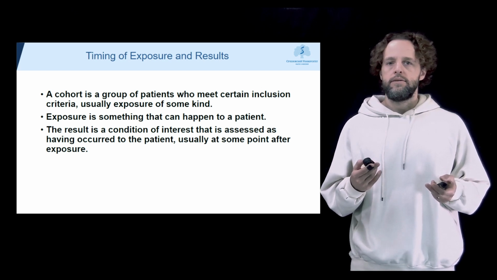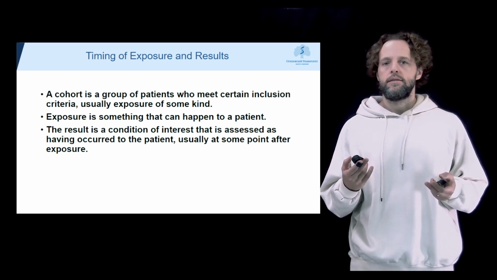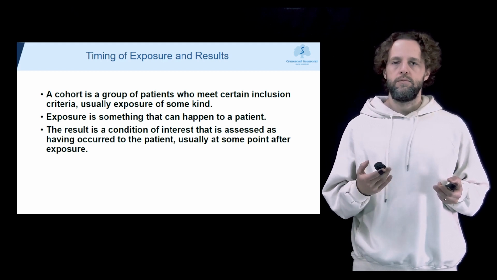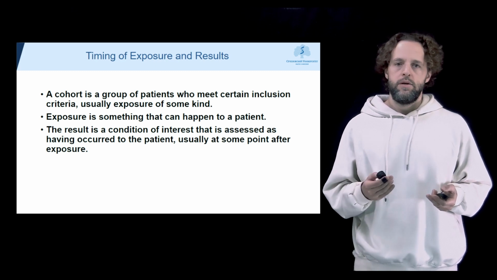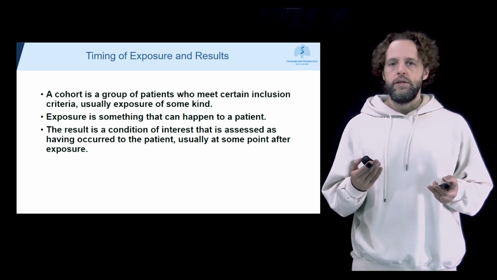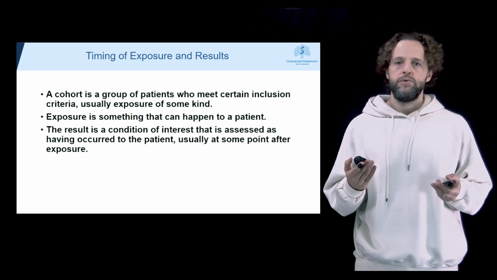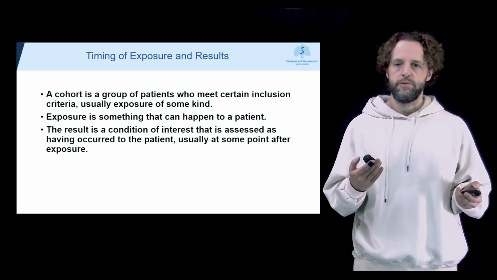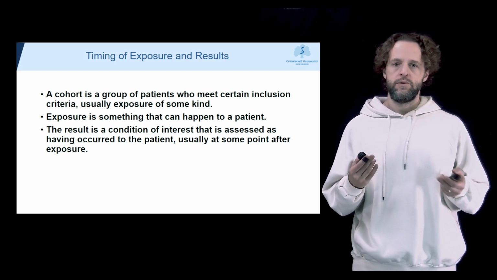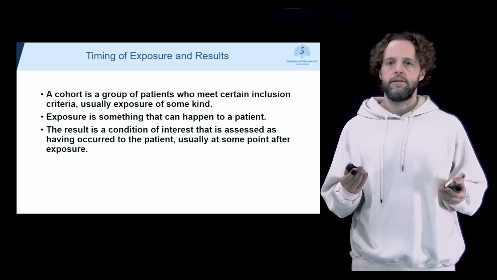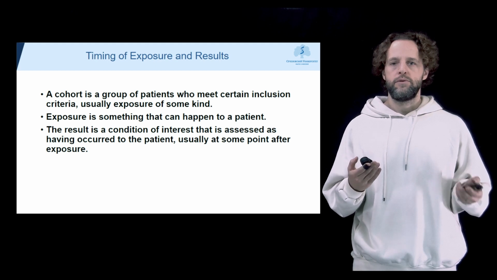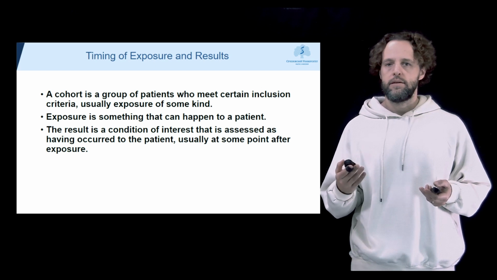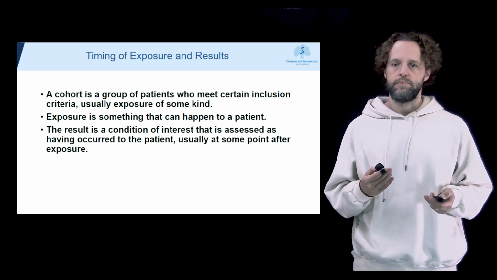Overall, we are interested in whether there is an association between exposure and outcome for patients in the cohort. Therefore, we need to identify those who have been exposed and those who have not been exposed, as well as those who have had an outcome and those who have not. In addition, it matters when the exposure and outcome events occur.